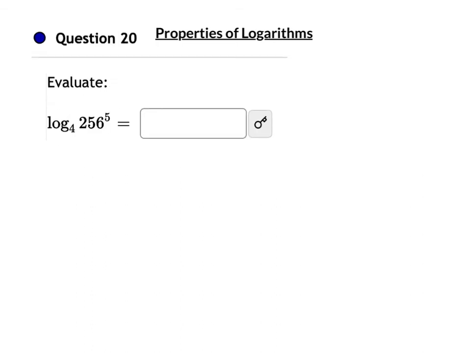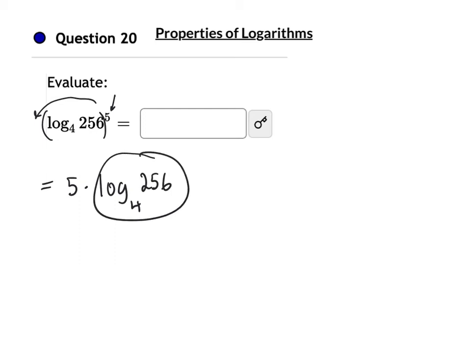Here we use that property that says when you have an exponent, because a logarithm is an exponent, to an exponent, that we can bring this thing down. This is equal to 5 times the log base 4 of 256. Now I need to figure out what this is, and I could just guess and check.